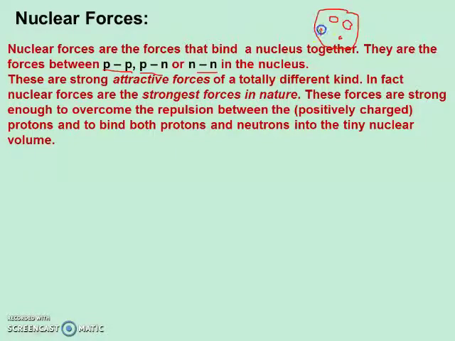So this force may be between proton-neutron, neutron-neutron, or proton-proton. But this is the strongest force in nature. So the nuclear forces are the forces that bind the nucleus together.